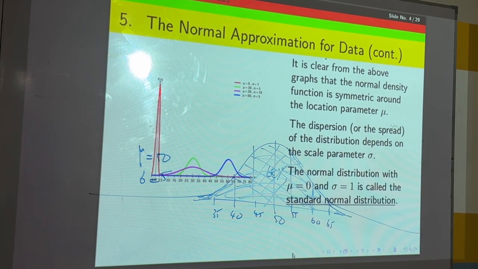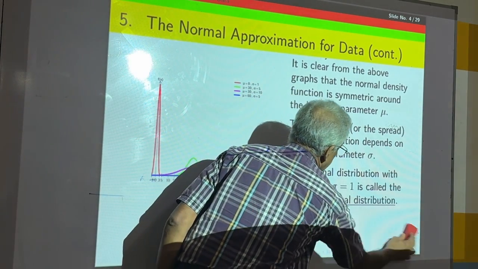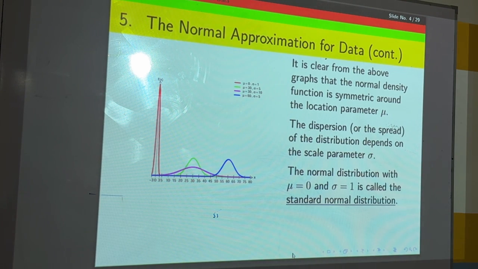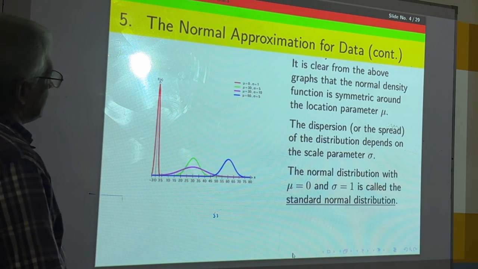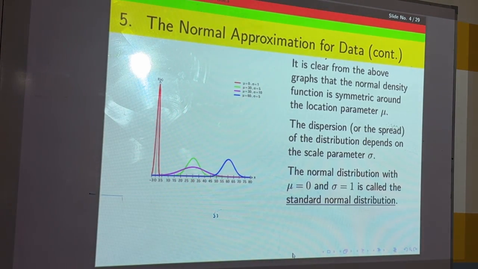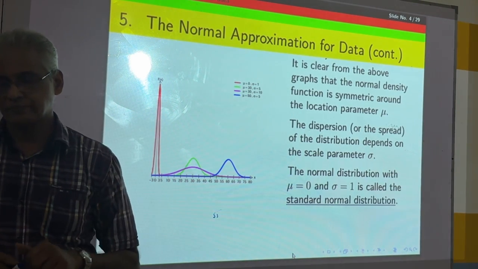I have shown here several normal distributions with different means and different standard deviations. One particular very important normal distribution is the one with mu equal to 0 and sigma equal to 1.